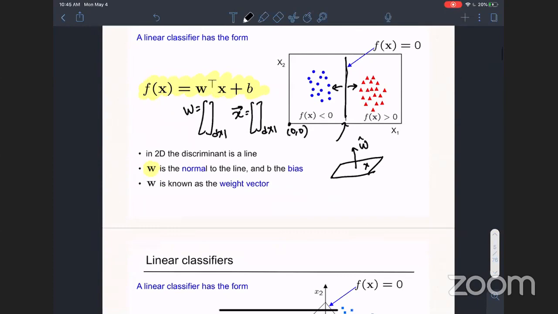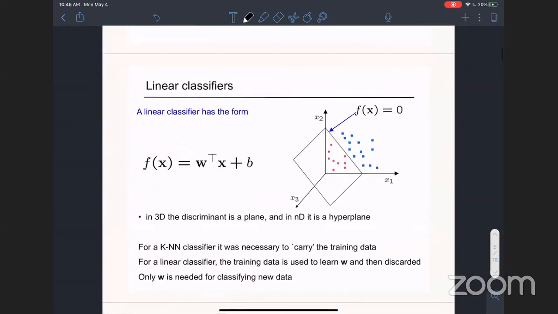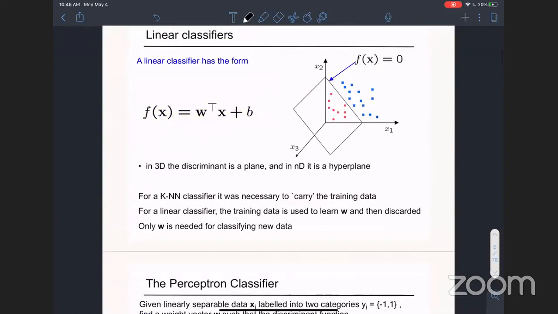So that's how an equation of a plane can be written down. That was the example of the equation of a plane in a 3-dimensional space. Now that equation of a line becomes an equation of a plane, right? So in n-dimensional data, it can become an n-dimensional plane, right?